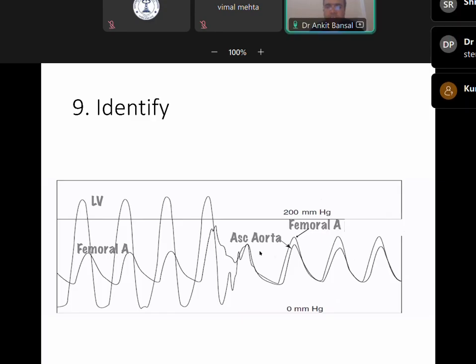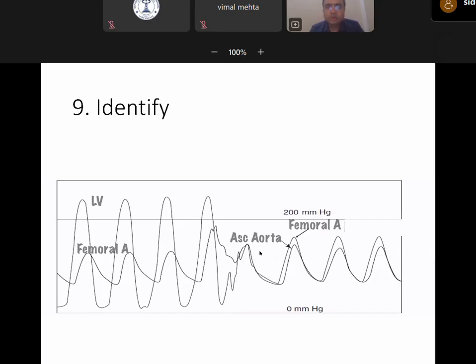So Kumar has given the correct answer. It is a Carabello sign. So what is a Carabello sign? First, can you explain this trace?